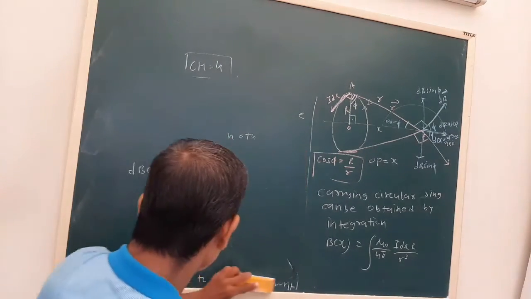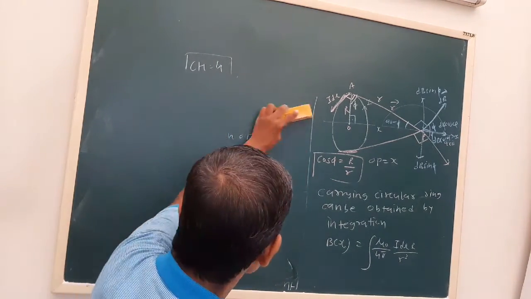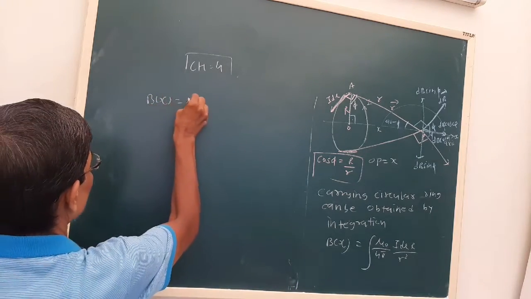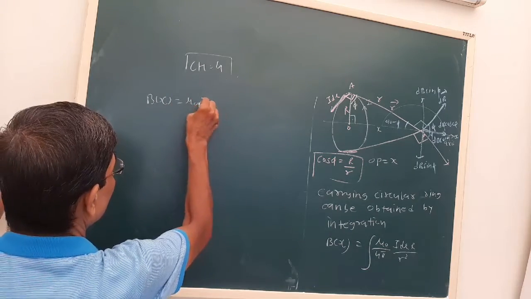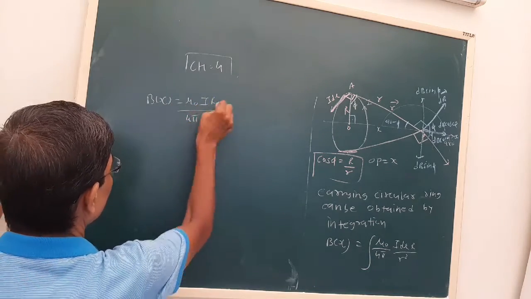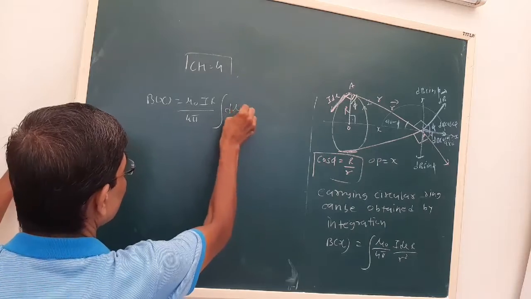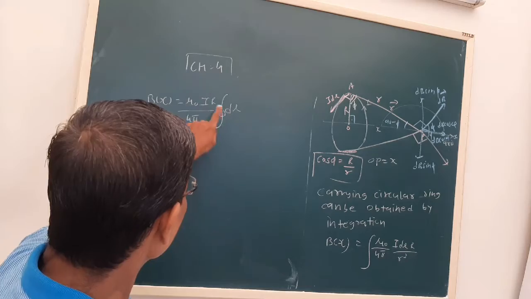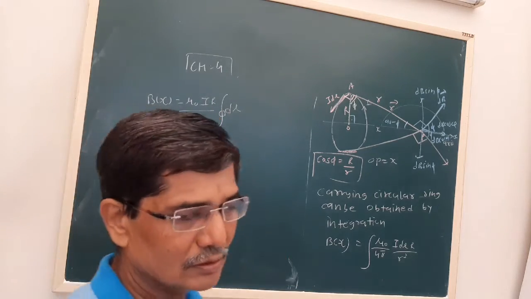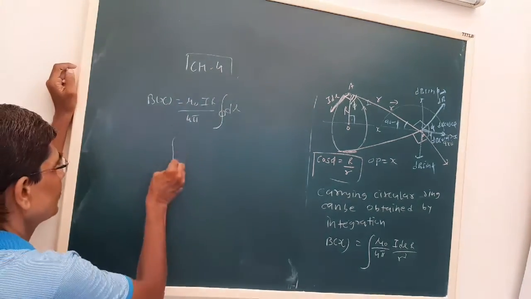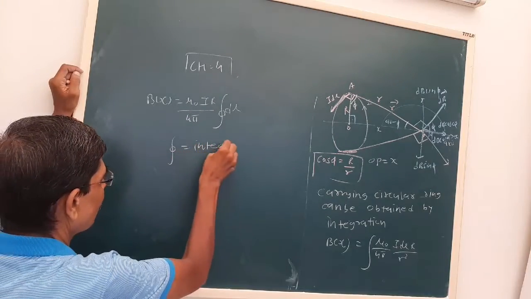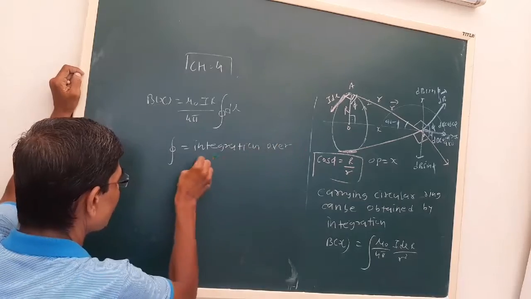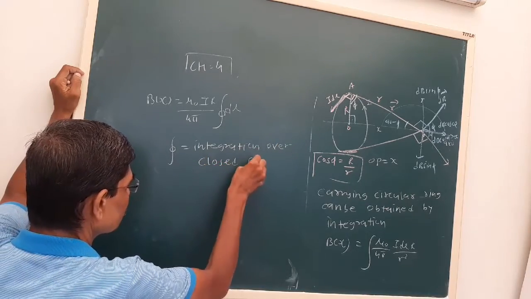So that we can write dBx as mu0 I r upon 4 pi times integration dl. Now, this symbol shows that the integration is over a closed path.